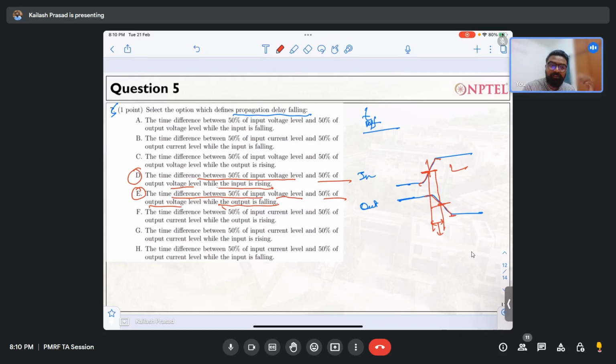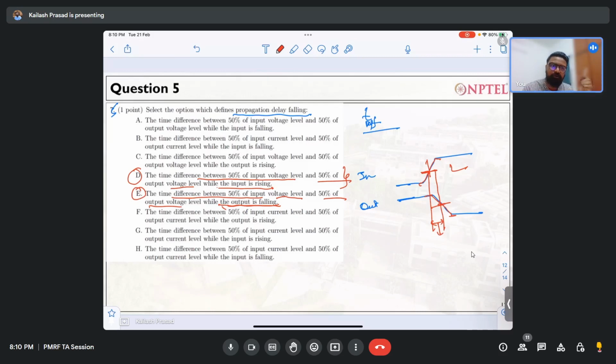But in case of any general circuit, this condition might not happen. Suppose you have multiple inputs and still I want to calculate the delay. Then whenever the output is falling, that is the point, and whatever the input you have provided, if one of the inputs did not change, then you cannot find out delay from that particular point.